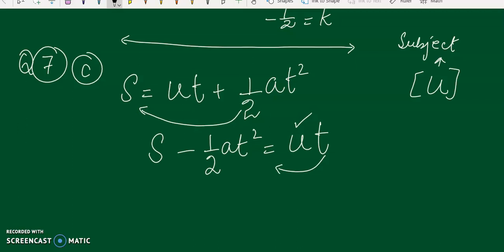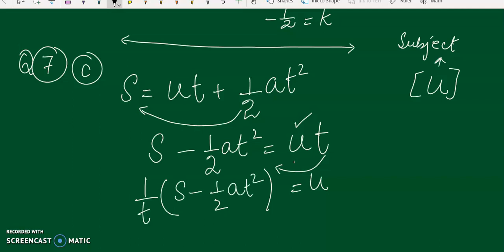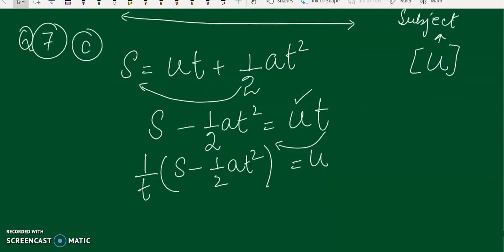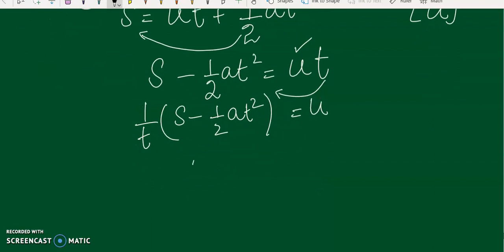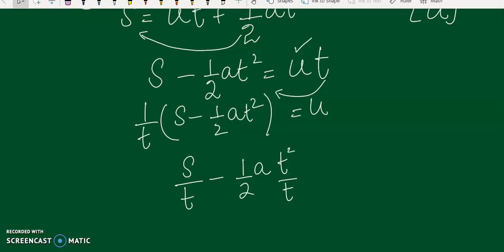तो इसको डिवाइड करने का एक मेथड तो ये भी है कि जब t को दूसरी साइड पर ले जाकर डिवाइड करें, ओके वी डू लाइक दिस के पहले हम इस सारे को ब्रैकेट में कर लेते हैं s माइनस half a t square को, और ये जो t है ये दूसरी साइड पर जाकर जब डिवाइड हुआ तो हमने इसको 1 ओवर t लिख लिया, और फिर हम इसको डिस्ट्रीब्यूट कर सकते हैं कि s ओवर t और half a t square ओवर t.